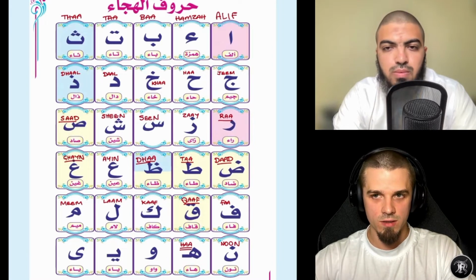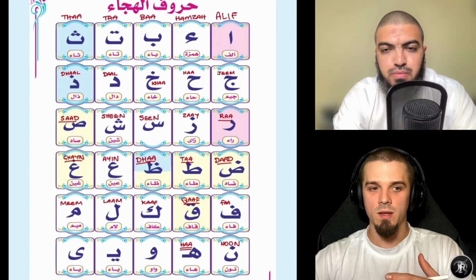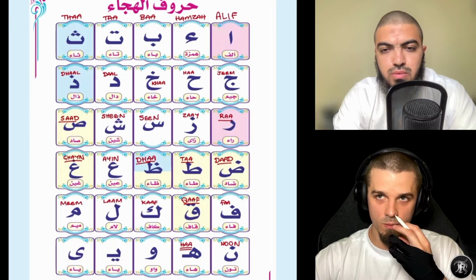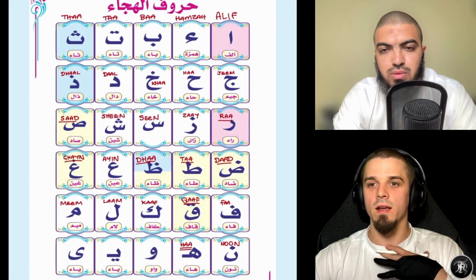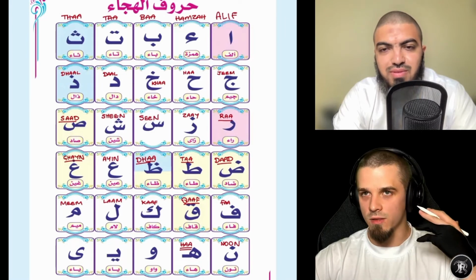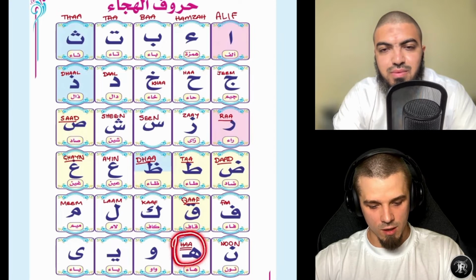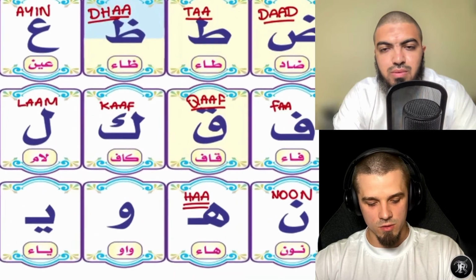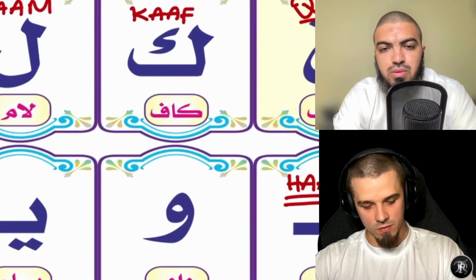It's basically where the sound comes from in the throat, because in English, mainly we are able to speak the entire language just from the tip of the tongue, the front part of the mouth. But in Arabic, we use the whole throat, down to the back of the throat. We will, inshallah, help you understand the difference between these 2 letters. But for now, just try to memorize the name and the symbol. Let's move on.